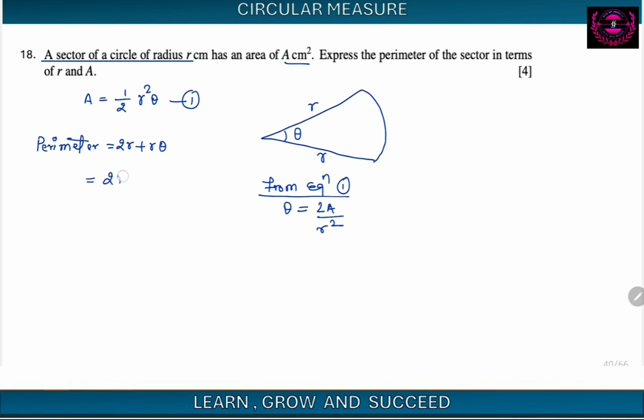So the perimeter is 2 into r plus r into 2a upon r square. This cancels out. Now we have 2r plus 2a upon r centimeters, and this is our final answer.